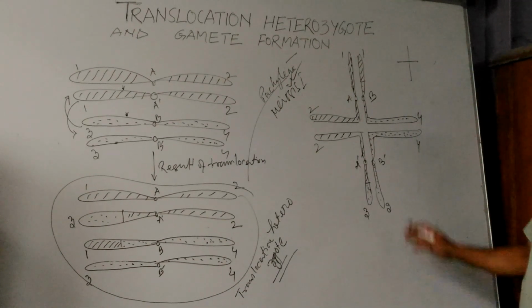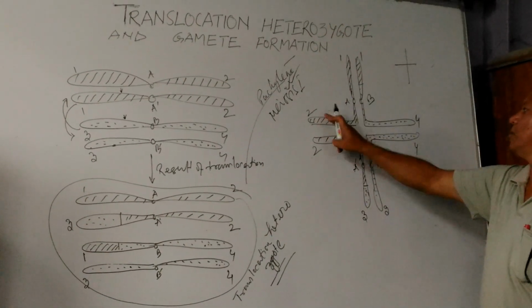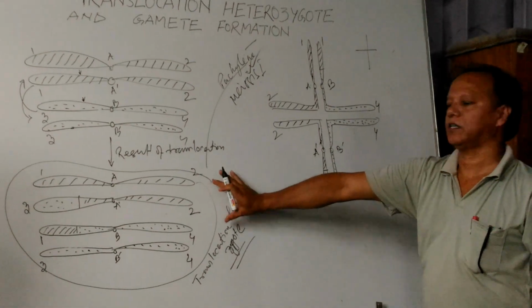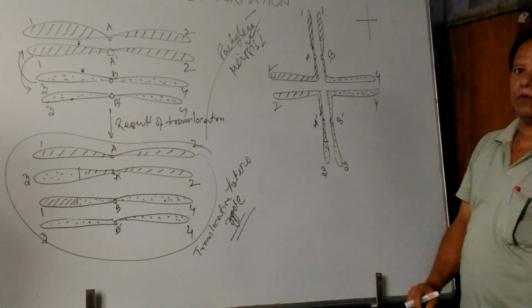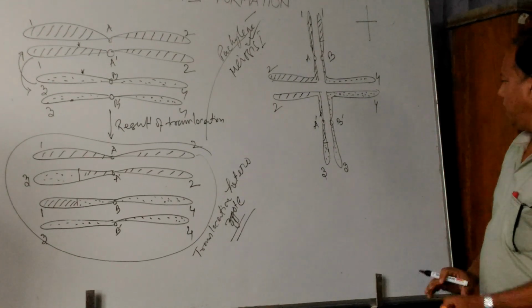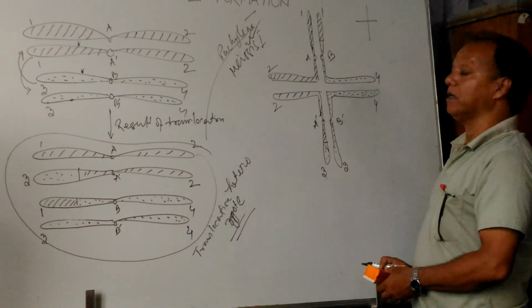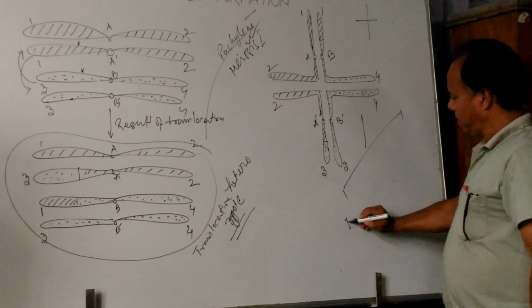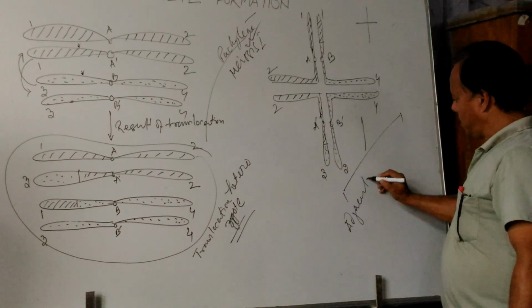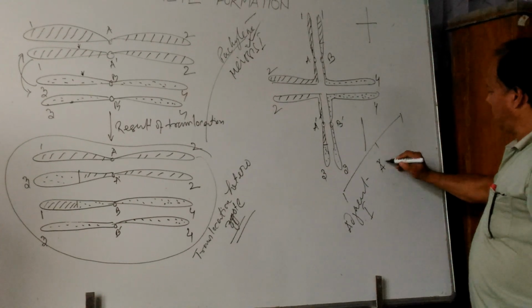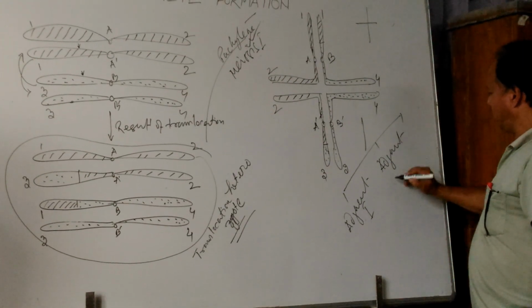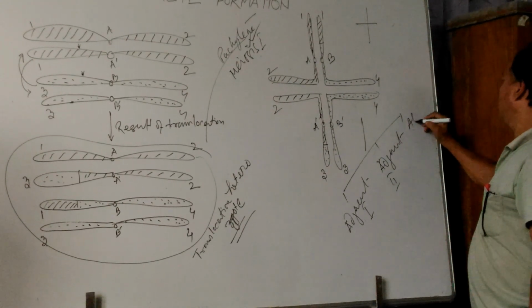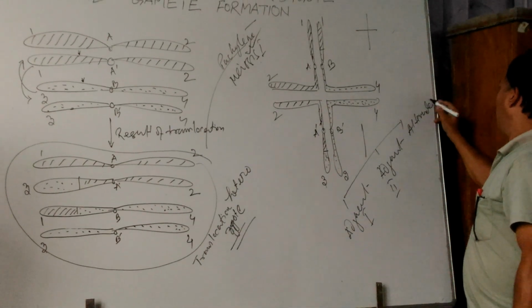This is the plus sign. And they will follow three ways for the formation of gametes. These are adjacent 1, adjacent 2, and alternate.